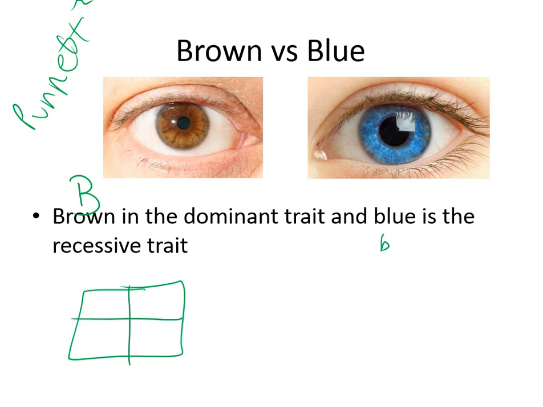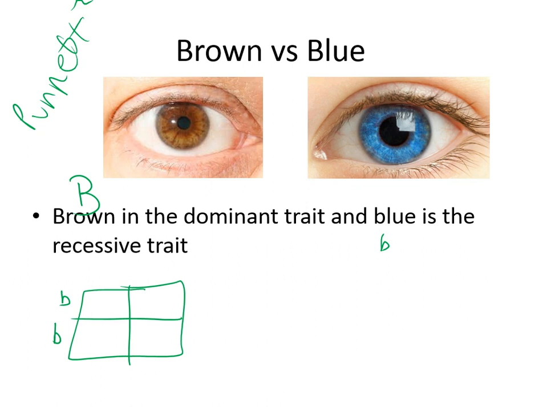So let's say we have a blue-eyed parent. What will happen is that both of this parent's genes will be the recessive, the blue. Because if you have a dominant, you're going to be dominant. The recessive gene or trait kind of falls off, and the dominant one will take effect.